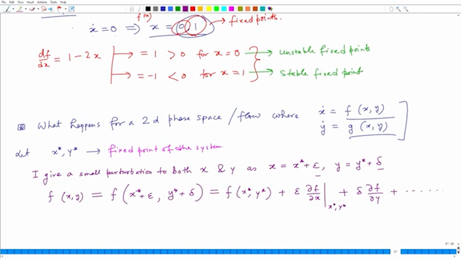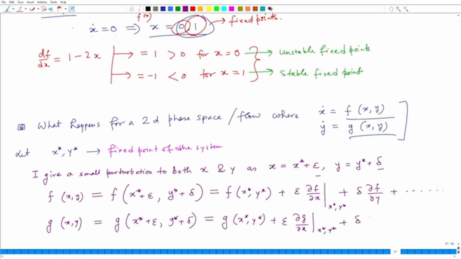I can do the same treatment also for g. So, g of x star plus epsilon, y star plus delta, will be equal to g of x star, y star, plus epsilon del g del x at x star, y star, plus delta del g del y.